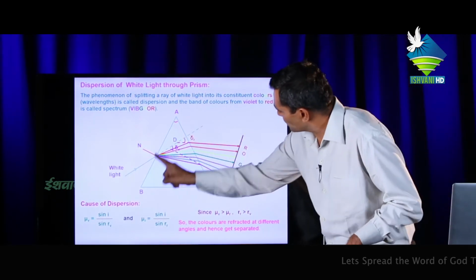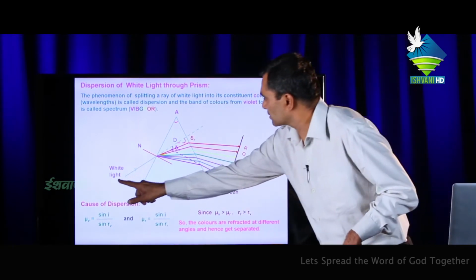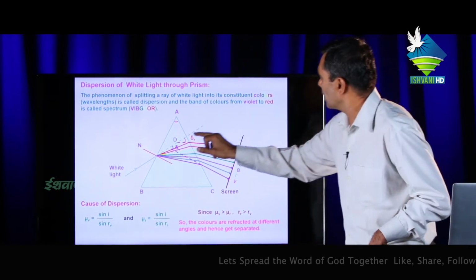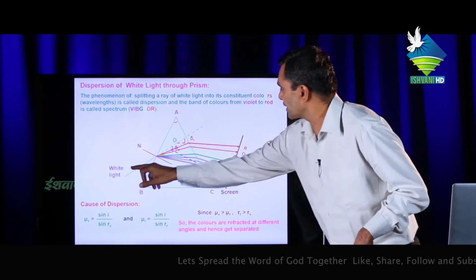If this prism is not in the path of this white light ray, then this is the direction of white light.